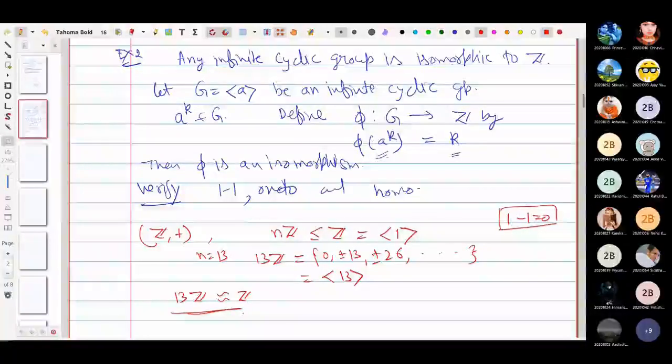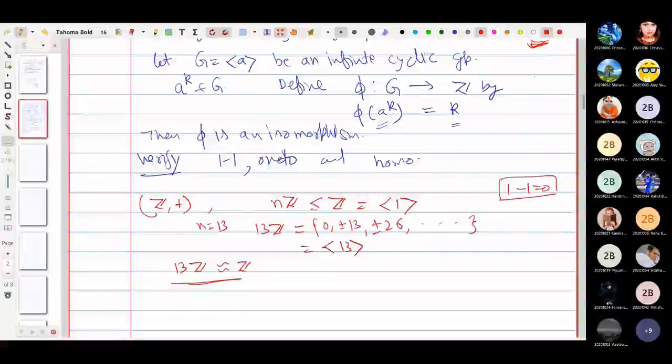So you can find this out. So many examples you can take. Other examples of infinite cyclic groups will definitely be isomorphic to Z. So there is only one infinite cyclic group. What is that? Z. Other infinite cyclic groups will be isomorphic to this one only. They are not going to be different.